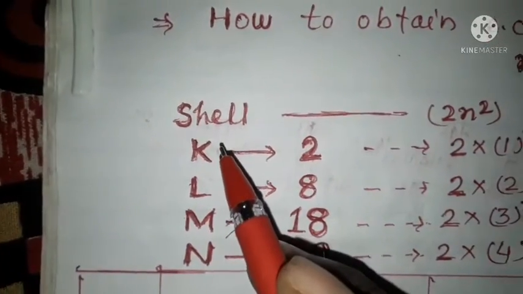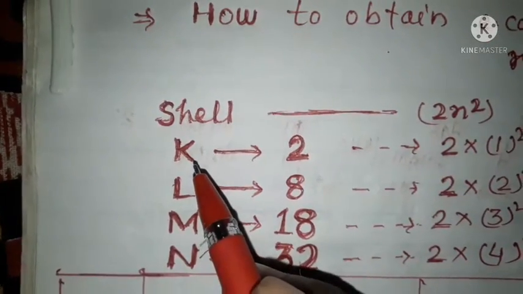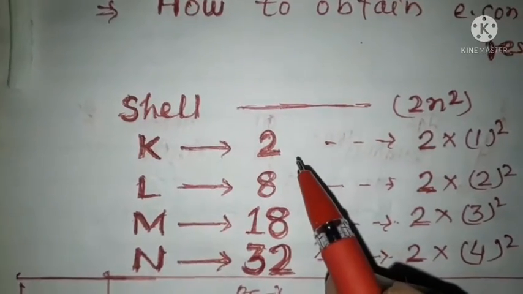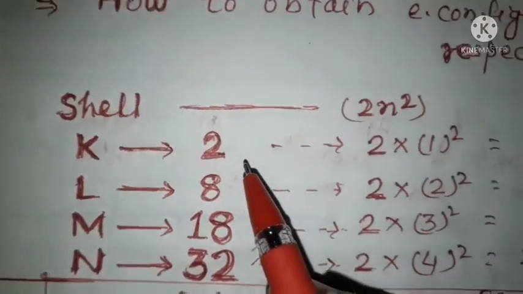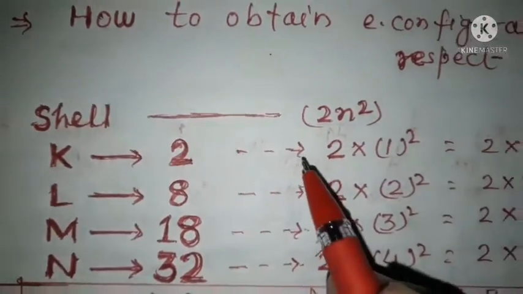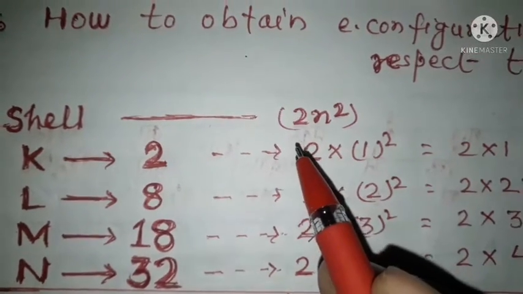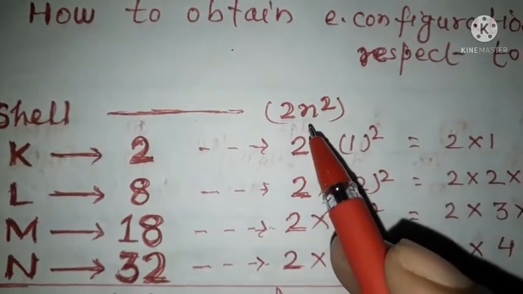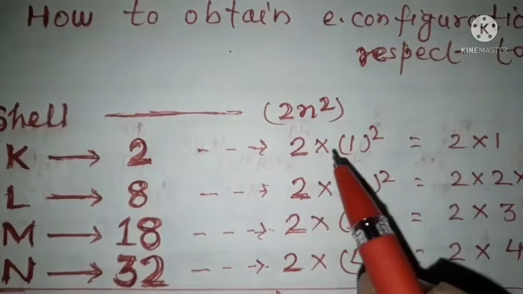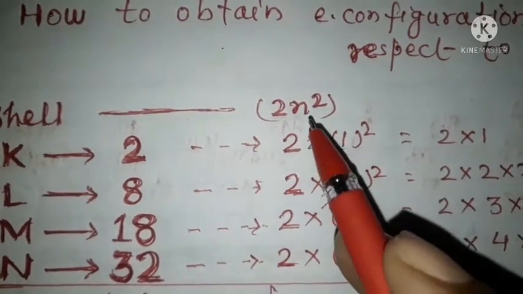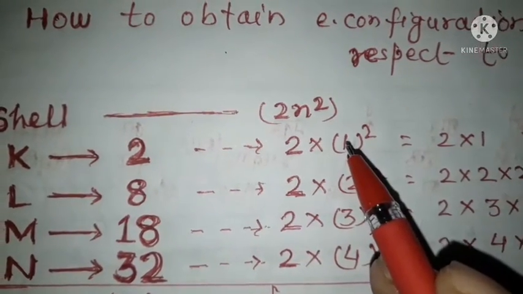Now you see shell. We know that K shell, in which two electrons are available, is derived using 2n square, 2 into 1 square, where n is 1.